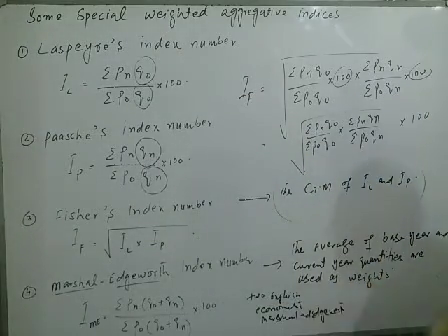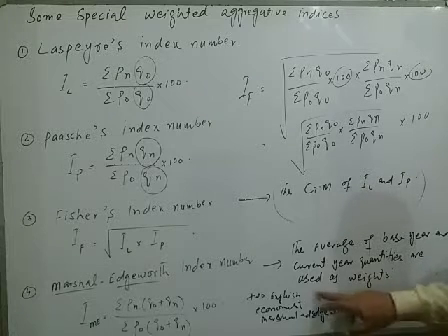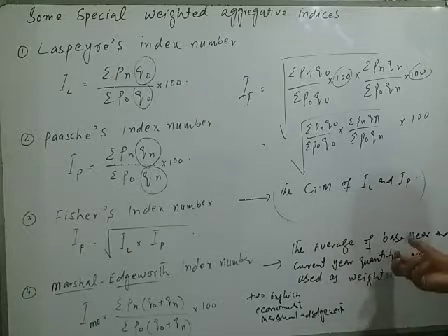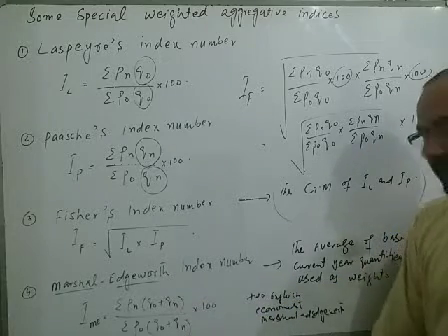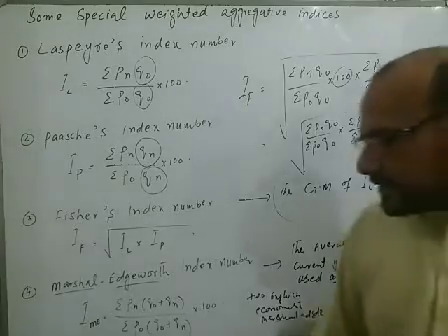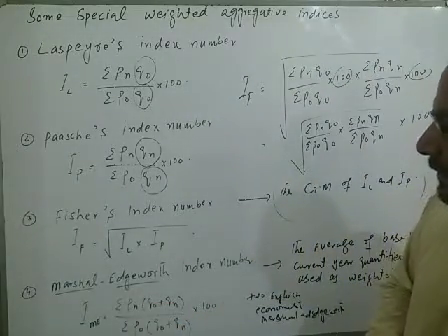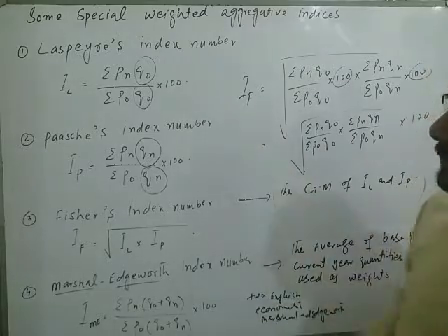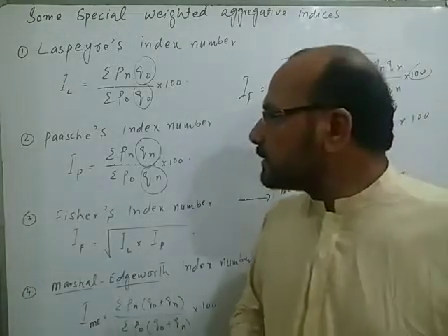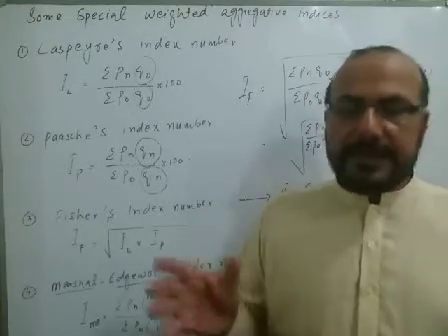Here we are using the average of base and current year quantities as weights. So if we use the average of current and base year quantities as weights, that is basically called what? Marshall-Edgeworth index numbers.